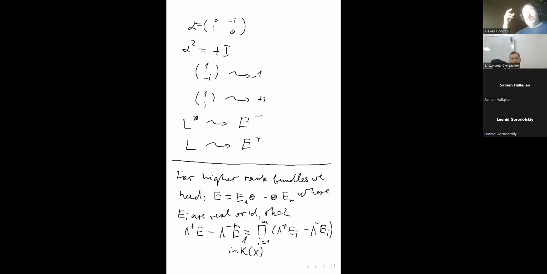The Chern character of L star is e to the minus x, and basically after splitting, I get precisely the product of e to the minus x_i minus e to the x_i. Yes, now it's clear. Yeah, thank you.